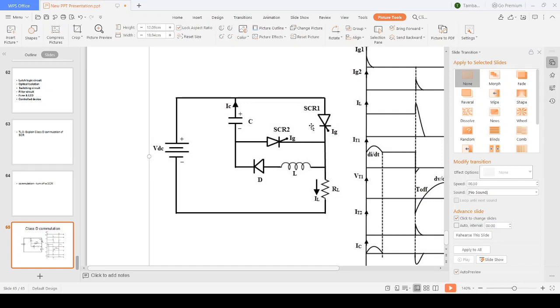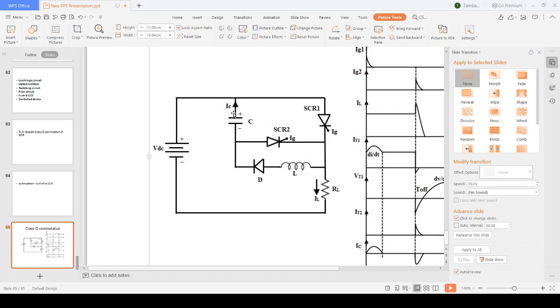The voltage across the main SCR1 will be nothing but Vc, as the capacitor is connected across SCR1 throughout this mode.